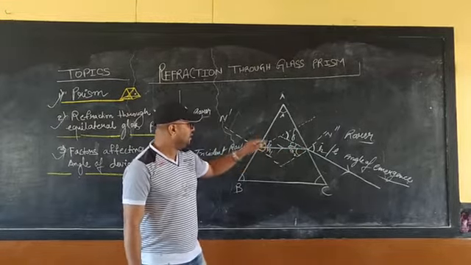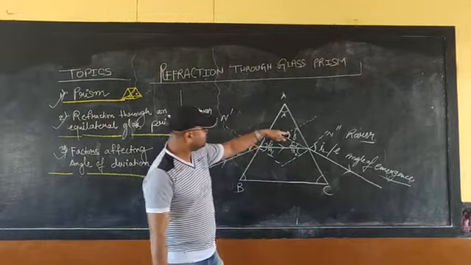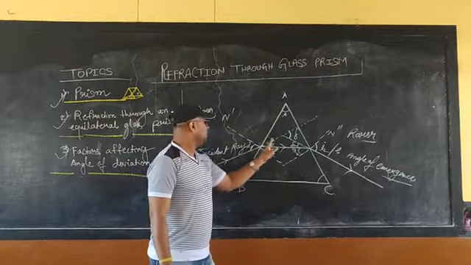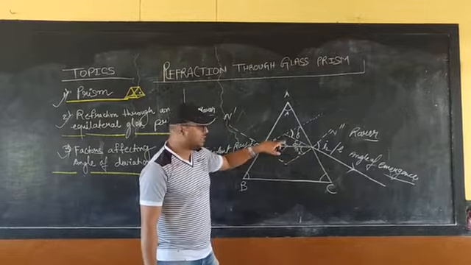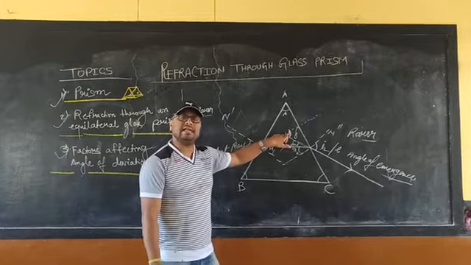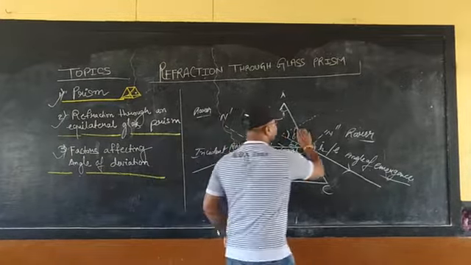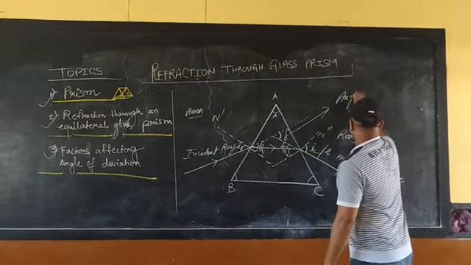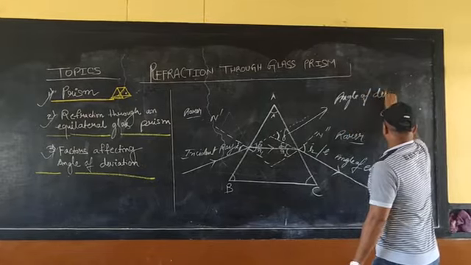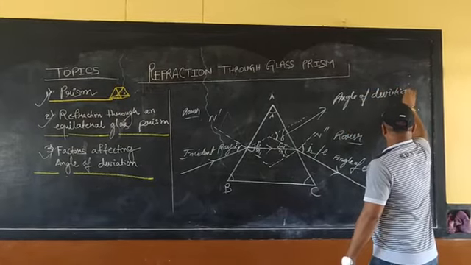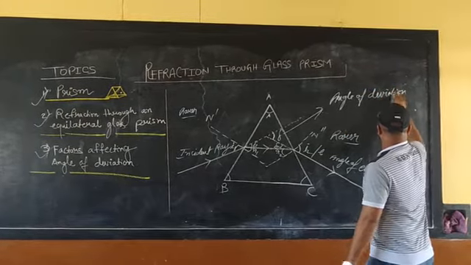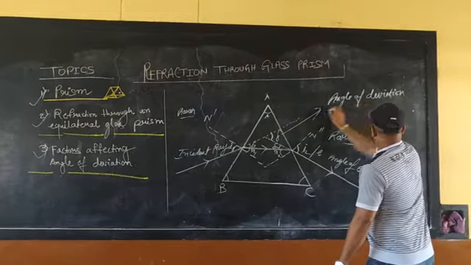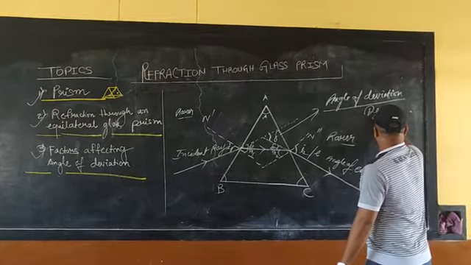Similarly, when you draw back this refracted ray, this is also known as the angle of deviation, students. Angle of deviation, a very important topic, which is known as delta.